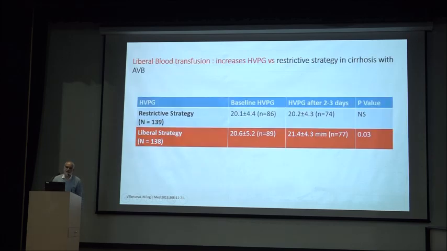So why is this happening? Because liberal blood transfusion increases HVPG versus the restrictive strategy in cirrhosis. In the restrictive strategy, HVPG was similar, baseline 20, and again after 2 to 3 days it remained the same, whereas in the liberal strategy it increased significantly from 20.6 to 21.4.